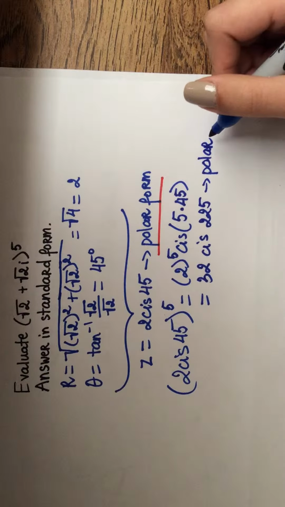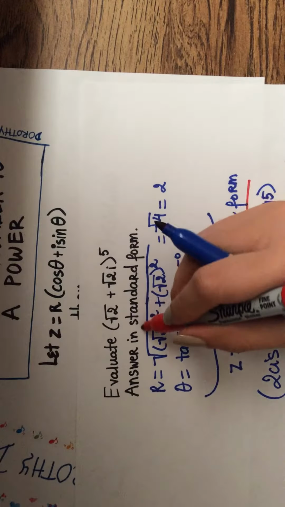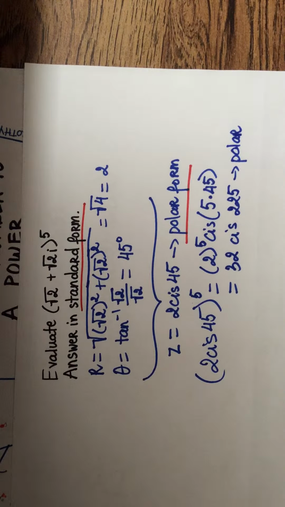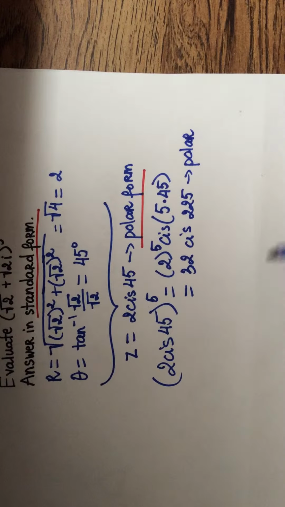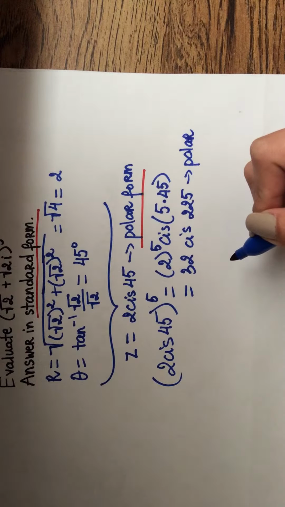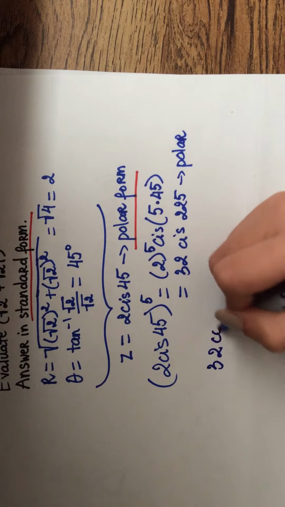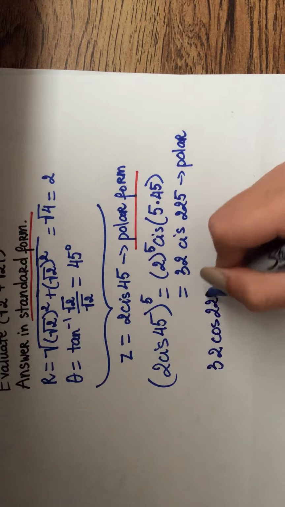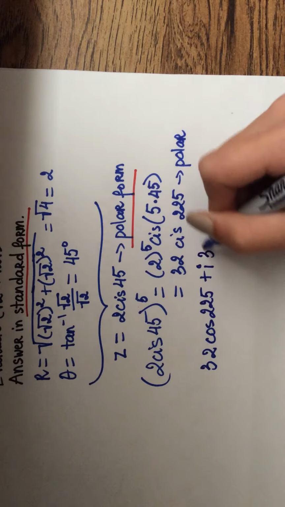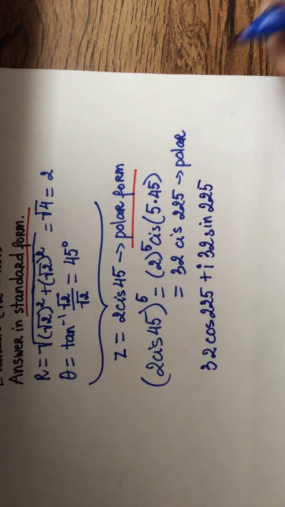But the question was asking you to put it into standard form, so now we have to translate into standard form. It's not that hard. You take your formula out, so you have 32 cosine 225 plus i 32 sine 225.